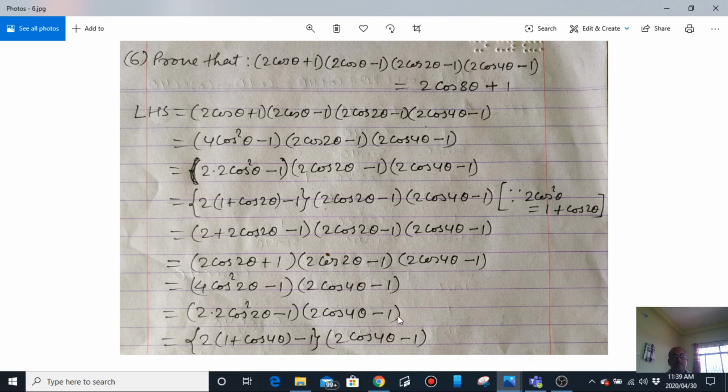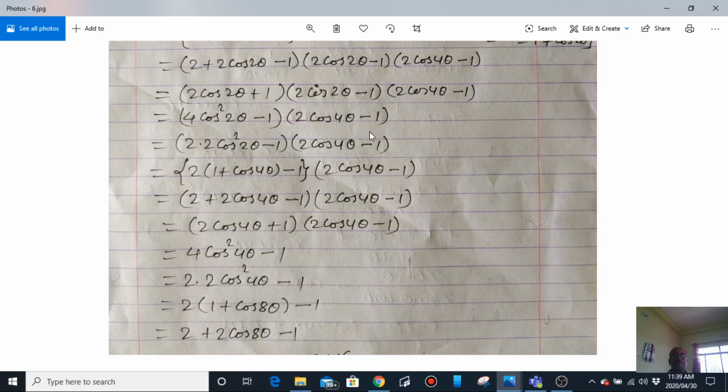Next bracket is same. 2 cos square 2 theta, double of double will become 1 plus cos 4 theta, as this one. See the mouse movement. So 2 into (1 plus cos 4 theta) minus 1 into 2 cos 4 theta minus 1.